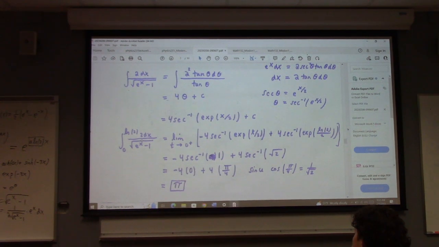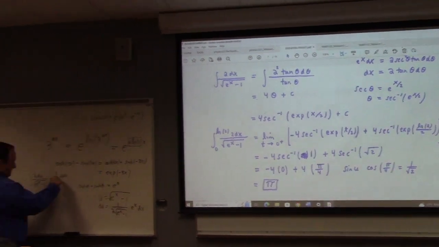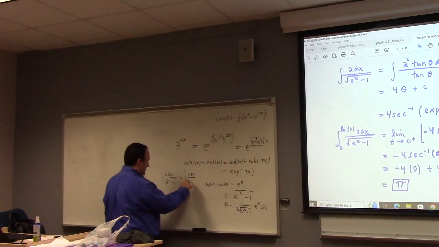Hold on a second here. Let's see. I'm going to go back to here: 2dx over the square root of e to the x minus 1. And so you're saying make that substitution? Yes, sir. So if I do that, dx over the square root is 2 du over e to the x, I guess.